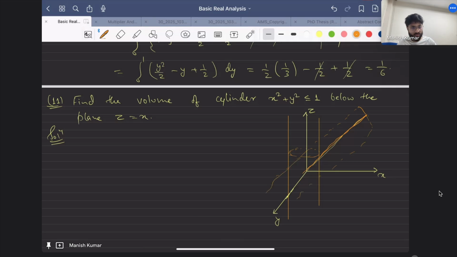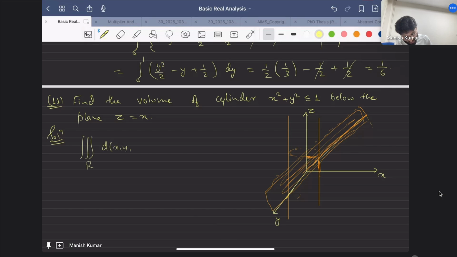I don't know how to draw it properly, but you understand. So this kind of structure will be left out, right? So now how will we describe this triple integral of f(x, y, z)?